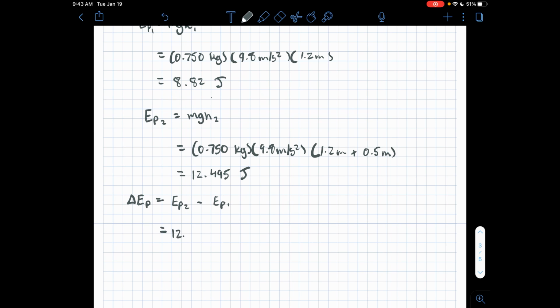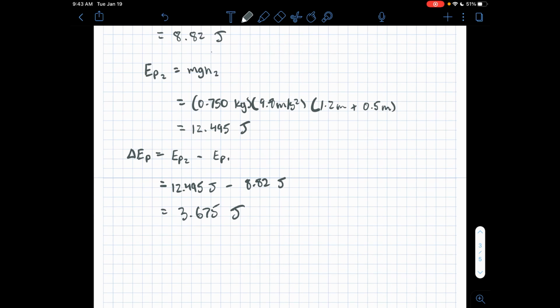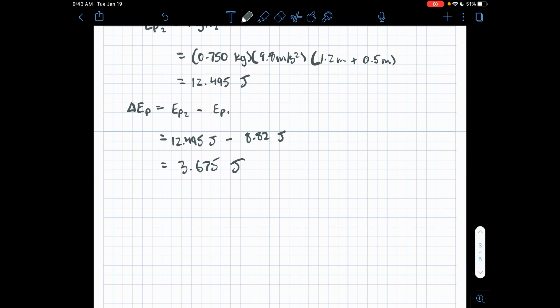So that'll just be 12.495 joules minus 8.82 joules, which is equal to 3.675 joules, and that is the change in potential energy from one position to another as it is moving higher.